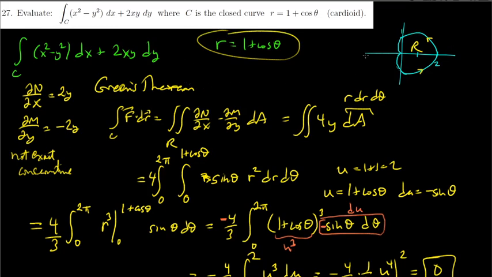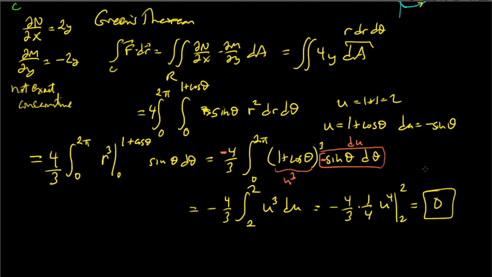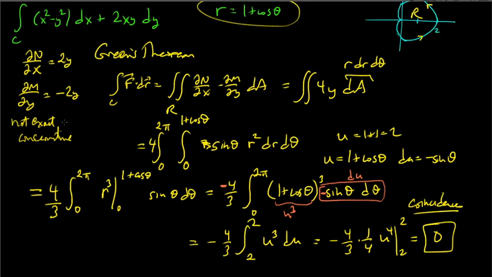If it was a closed curve of a conservative vector field, you would always get 0. In this case, we happen to get 0 but just by coincidence. This has nothing to do with the fact that this is a conservative vector field. In fact, it's not conservative. We checked that, right?